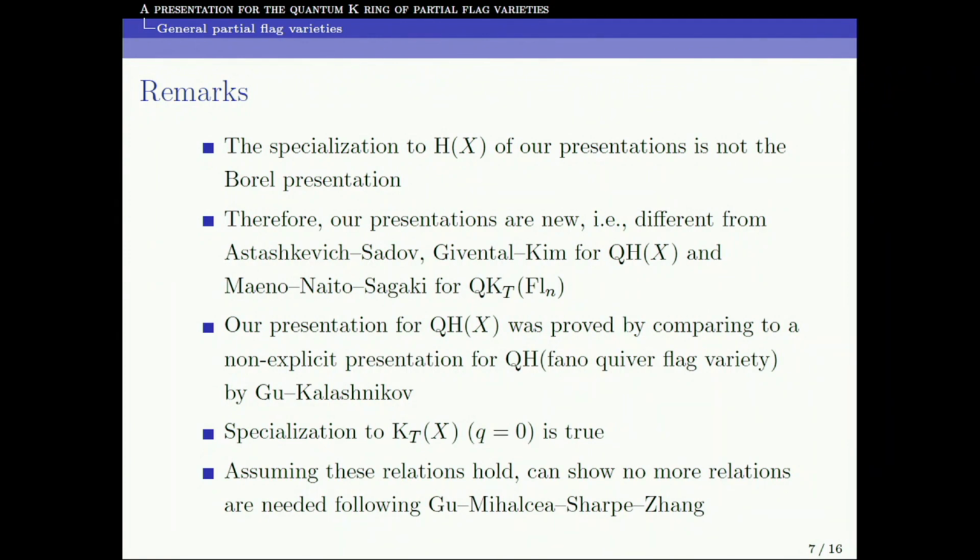One last point I want to make is that our conjecture is mostly about the claim that these relations hold. Once we know that these relations hold, there is a way to prove that they give a complete set of relations. This has been done for the Grassmannian, and the same method should apply for the partial flags.